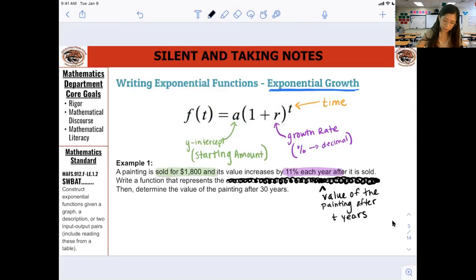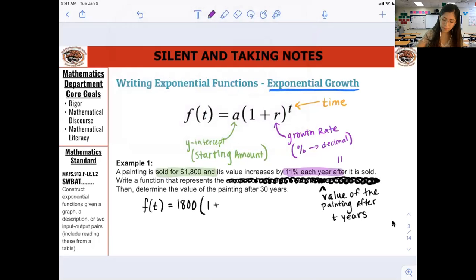So my function is going to be f of t equals 1,800, parentheses, 1 plus, okay, I have 11%, but remember it has to be turned into a decimal.